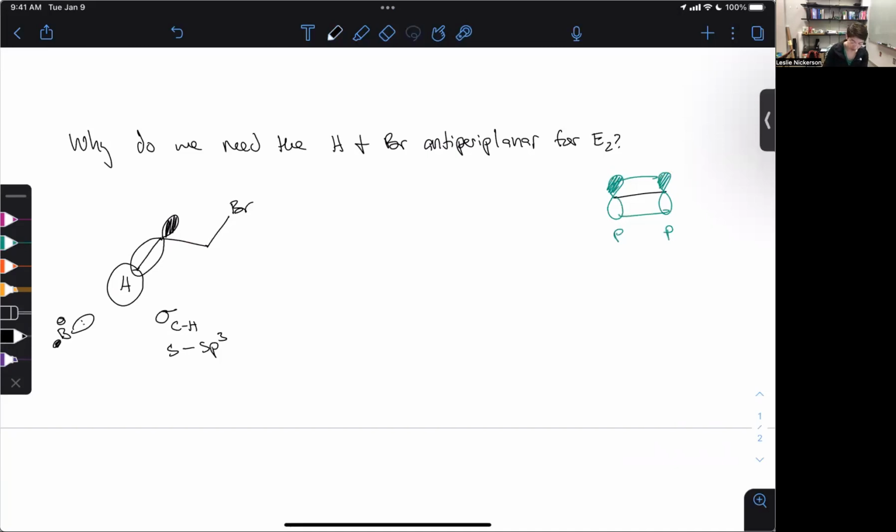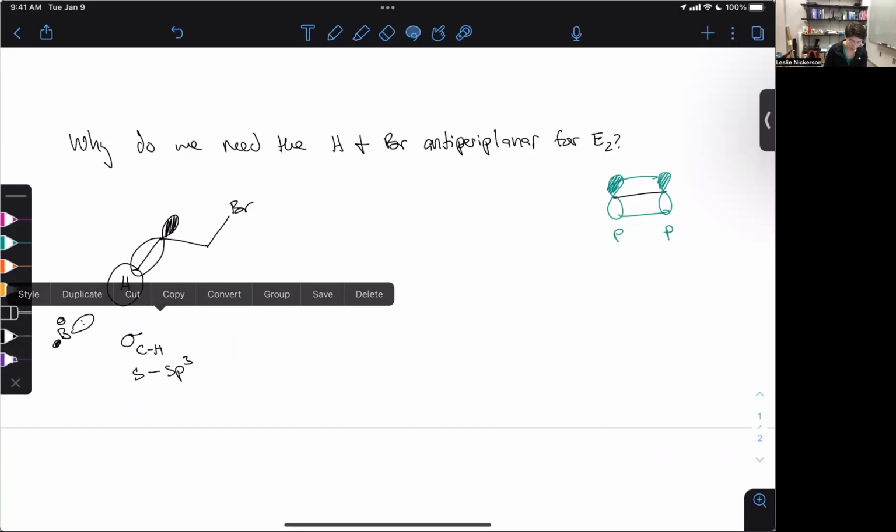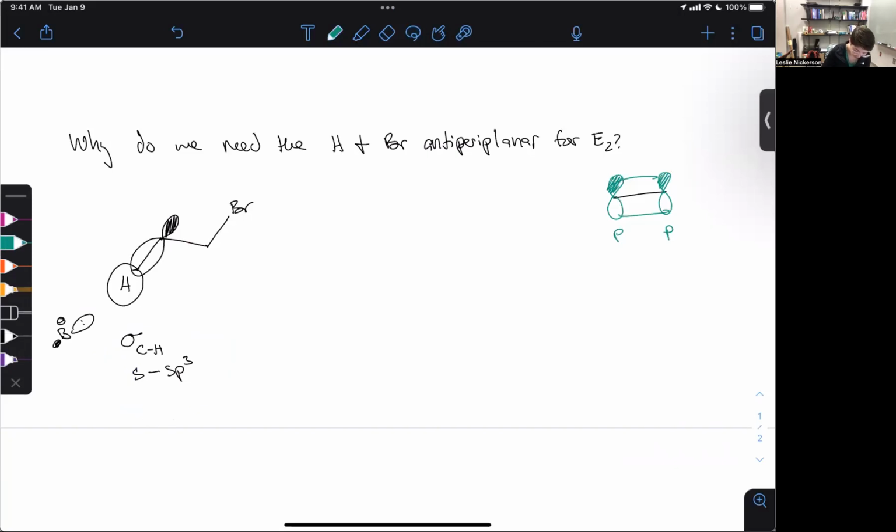So what's going on with the bromine side? I should have changed colors here, but that's okay. So again, we're looking for the antibonding orbital of the carbon-bromine, because that's what we want to populate and break the carbon-bromine bond. Okay, so on this side over here, we're going to have our antibonding orbital.